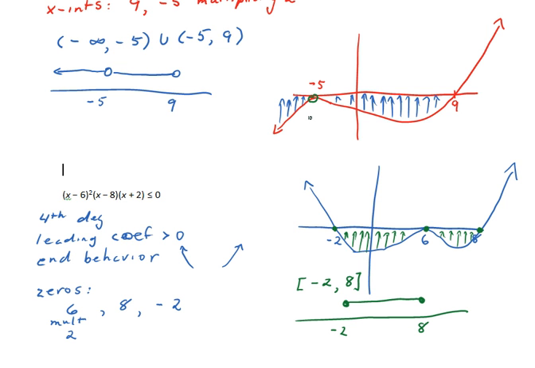Up here, I didn't mean to say that -5, 0 is not in the graph of the function, just that it is not included on the number line in the solution.